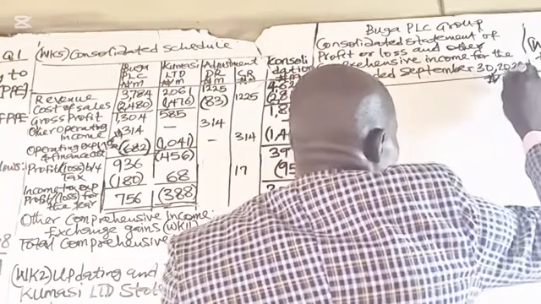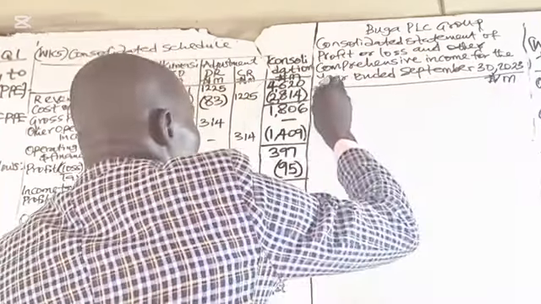Amount in million naira. The first item will be revenue.